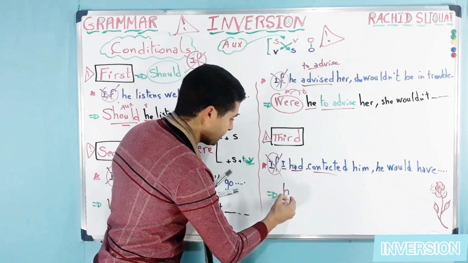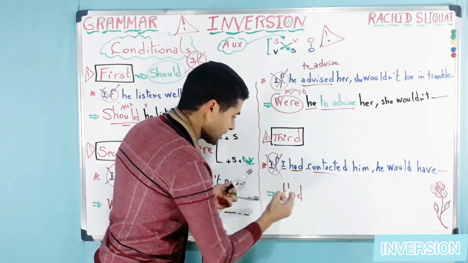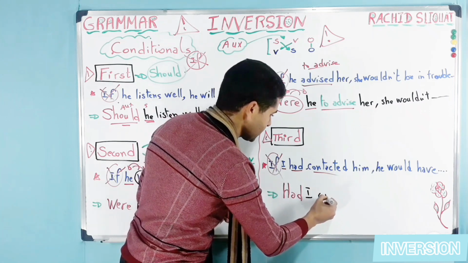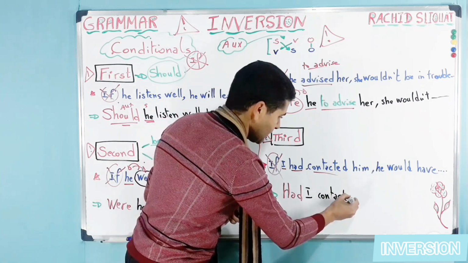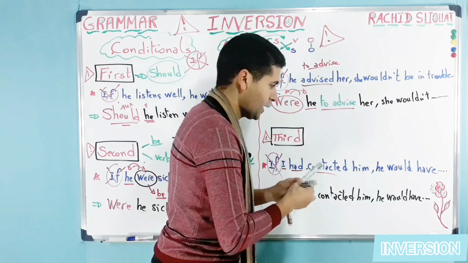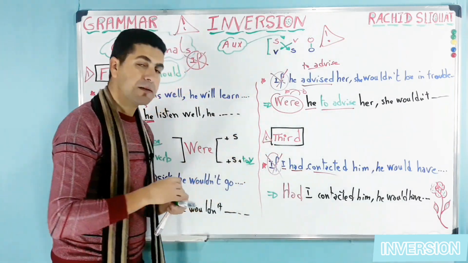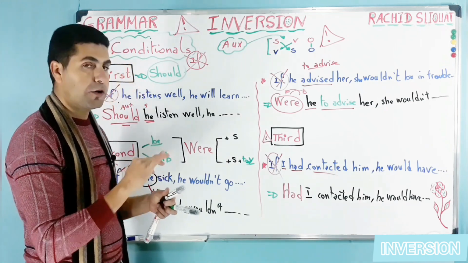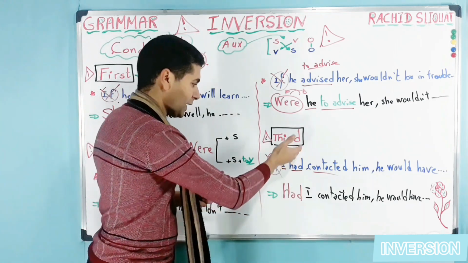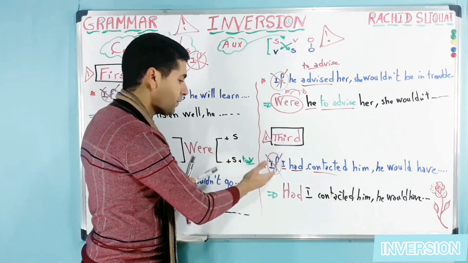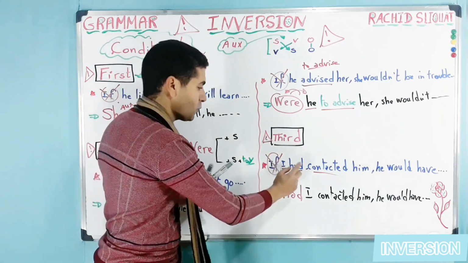So we start with had I, so we say, had I contacted him, he would have solved my problem, or he would have helped me, etc. So this is how we invert when it comes to conditional type 3. We omit the if and we invert had with the subject.